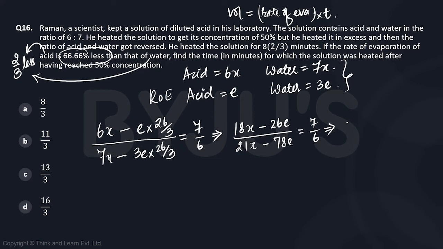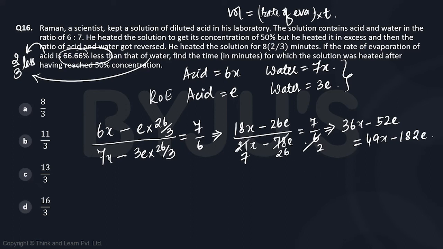If we cross multiply, we can take out anything common. Yes, we can take out 3 common from here. This is 2, and this is going to be 26, and this is going to be 7. So we should have cancelled out 3 initially only. Anyways, now if we cross multiply, I will have 36x minus 52E is equal to 49x minus 26 into 7, which is 182E.